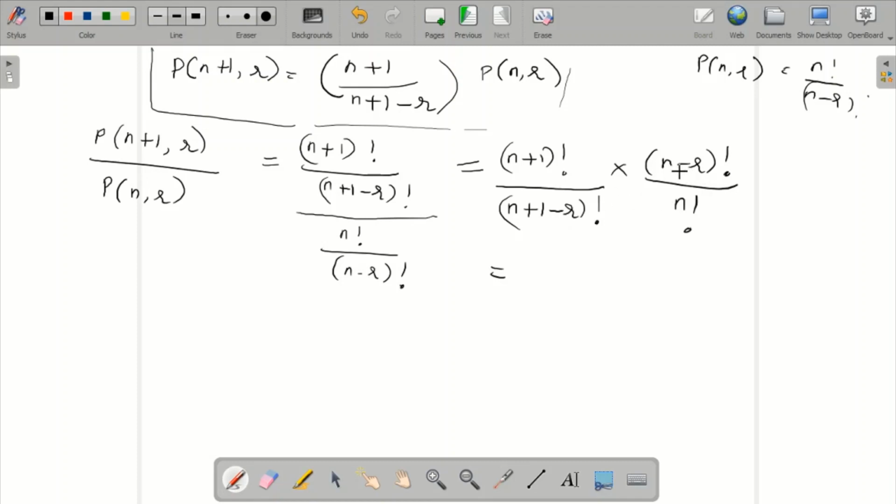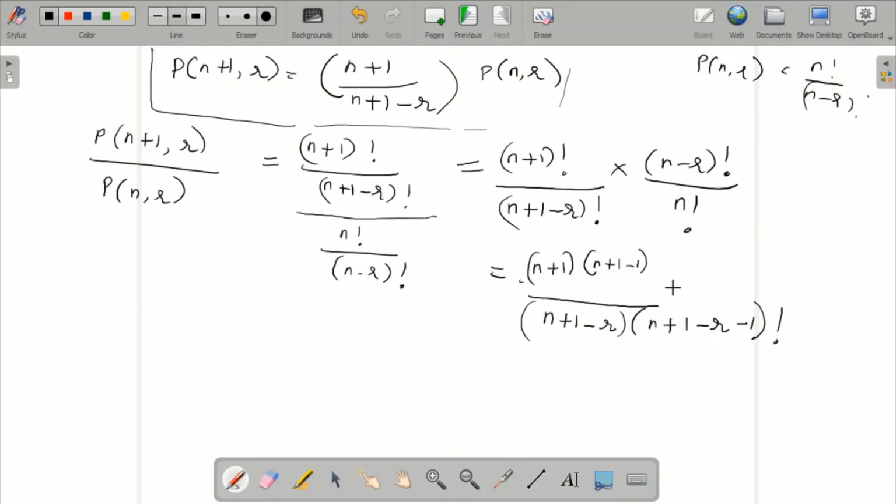The next term, this and this can get cancelled, so it is (n+1) into the next term (n+1-1) factorial, divided by (n+1-r) into the next term (n+1-r-1) factorial.